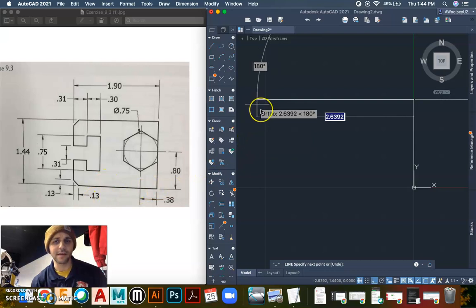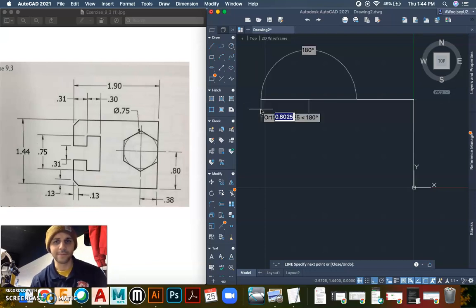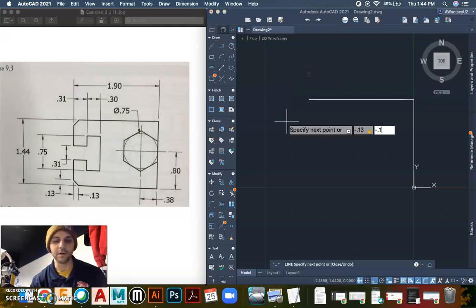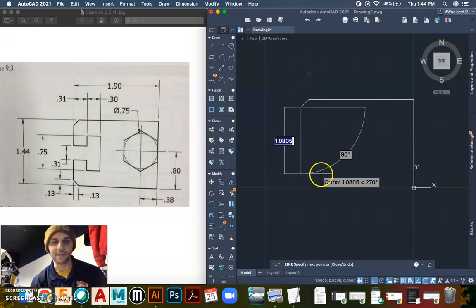If I do the math there, you can break out a calculator if you need it, it's going to be 1.77. I then need to go down on this angle, which is going to be negative 0.13, comma, negative 0.13. So I have my angle here.